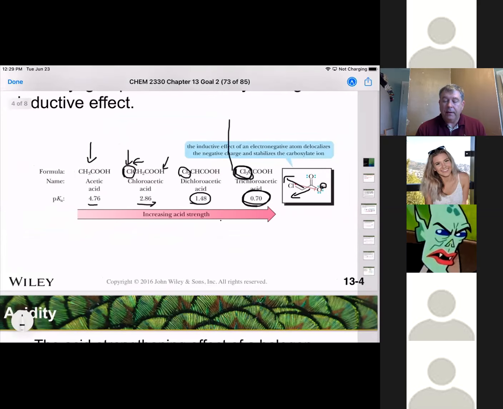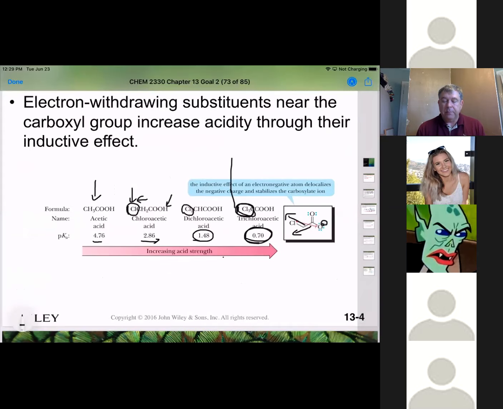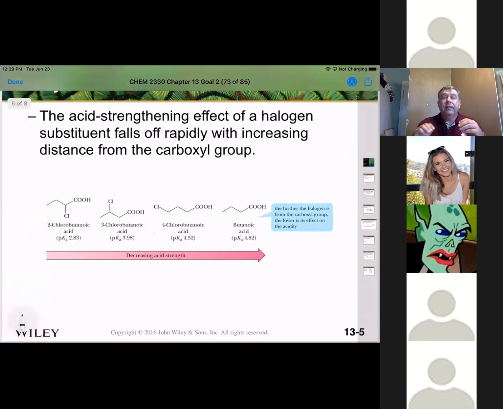And we call that the inductive effect because it's pulling the electron density through one or more bonds. So it's an inductive effect. Okay. So this inductive effect falls off the further you get away from the carboxylic acid because you have to pull it through more bonds.